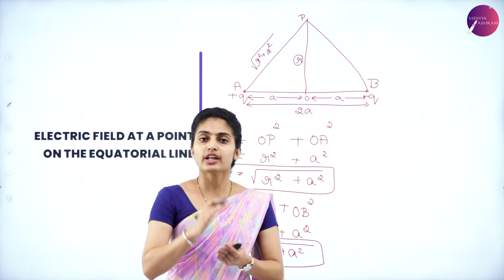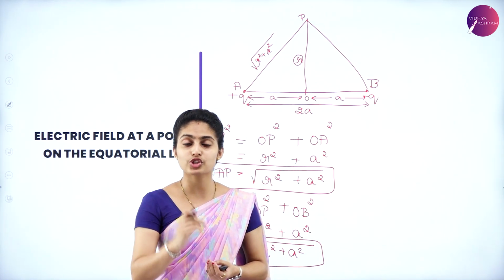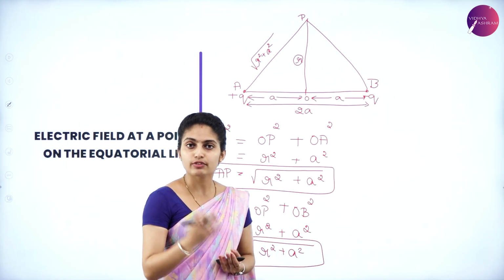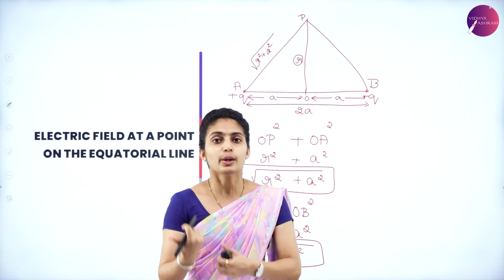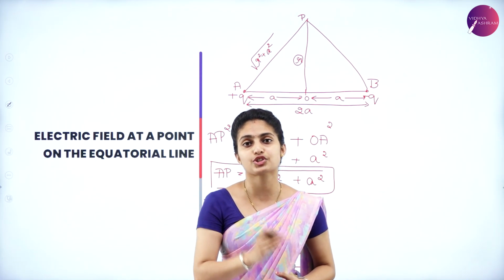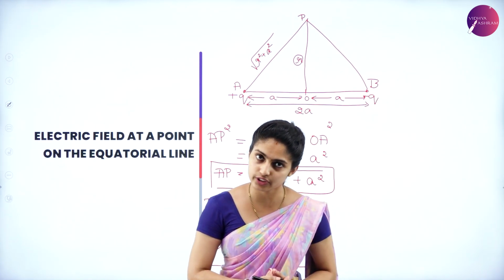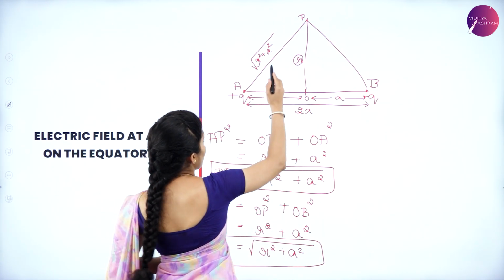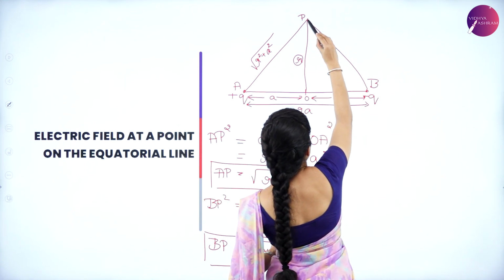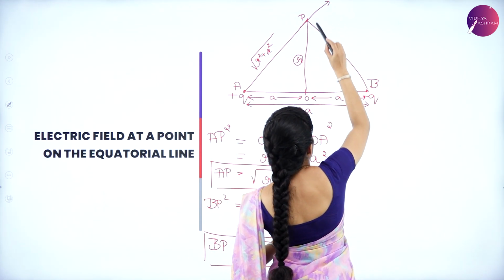So now what are we supposed to do? We have to check the electric field at that point. So in order to know that, we know the direction of the electric field with respect to the positive charge as well as the negative charge. When you just draw it, since it is a positive charge, the field moves away, so I can just draw like this.